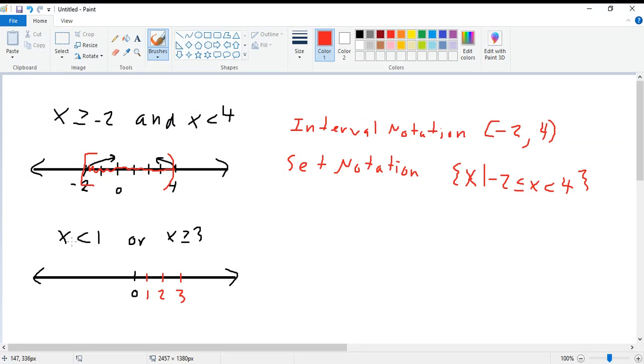So for X is less than 1, we're going to put a parentheses on your 1 and shade forever to the left, because those are the numbers that are less than 1. Or X is greater than or equal to 3, put a bracket on the 3, shade forever to the right, because those are the numbers that are greater than 3.